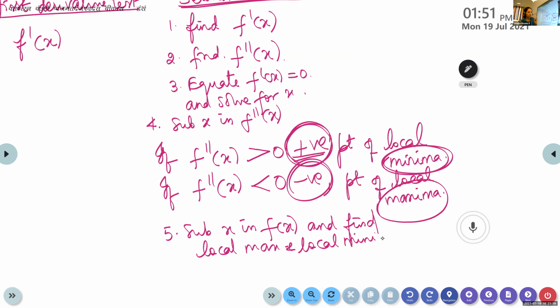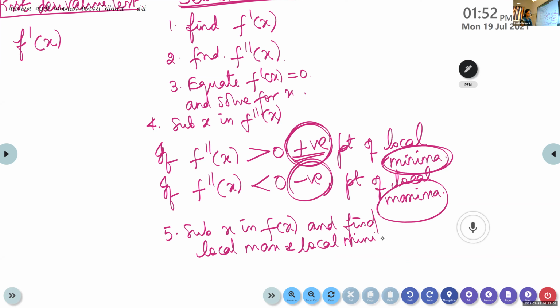After finding these two derivatives, equate the first order derivative, f dash of x, to 0. Then solve for x. After solving this equation, we will get two or three values of x. Substitute this in f double dash. If f double dash of x is greater than 0, it is a point of local minima.